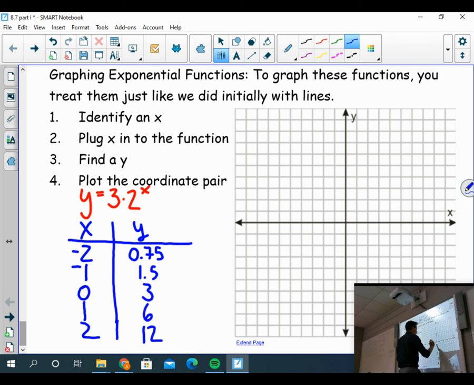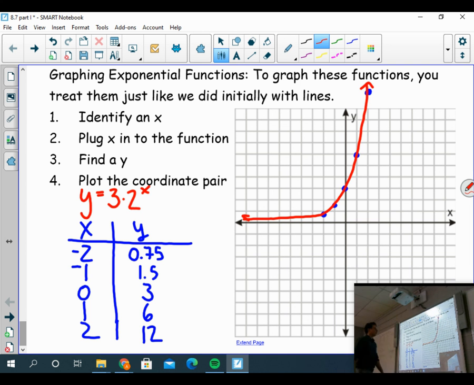But let's plot our points. Negative 2 is at 0.75. Negative 1 is at 1.5. 0 is at 3. 1 is at 6. And 2 is at 12, so all the way up here. And what it looks like, if I fill in, is this curve shape like we predicted earlier, okay?